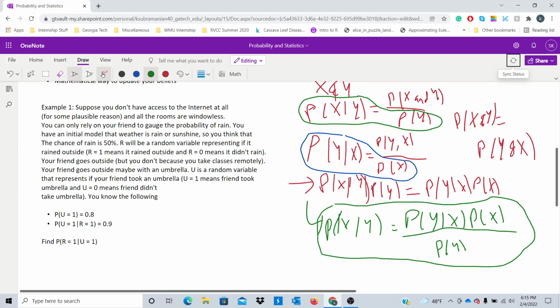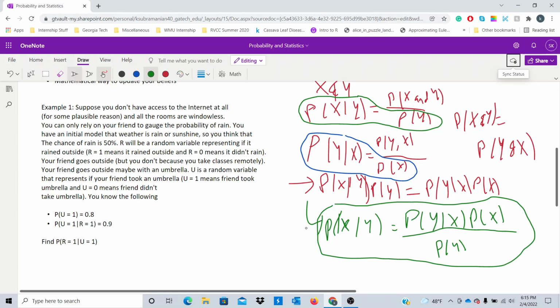So if we want to find the probability of x given y, but we know information about the probability of y given x, maybe because it's easier to know that in the real world, we can simply use this formula given the probability of y given x, the probability of x, and the probability of y. We're able to calculate the probability of x given y with very seamless effort.